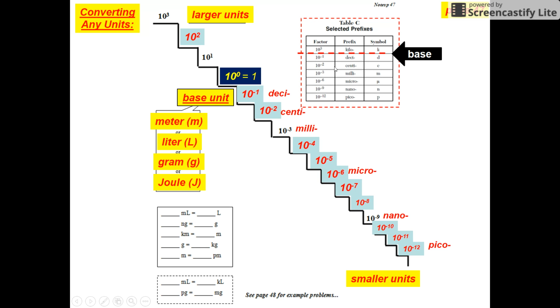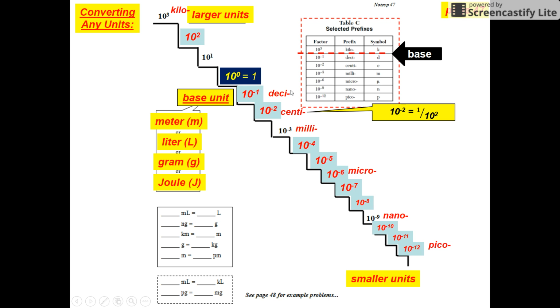Or a centimeter is 1 over 10 to the second power, 1 over 100th as small as the base unit. Okay. Oh yeah, and don't forget, kilo is 10 to the third power. That means it's 1,000 times as large as the base unit. Okay, so that's our last special name that we have right off of table C.